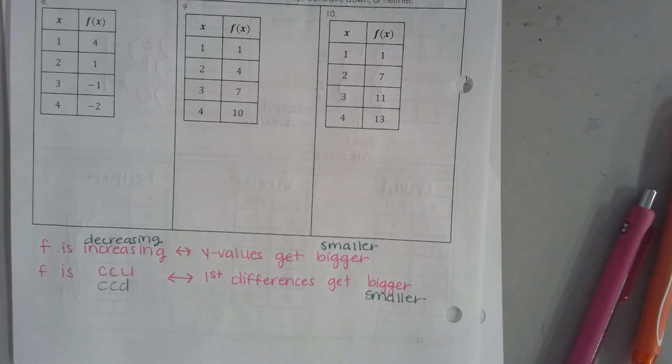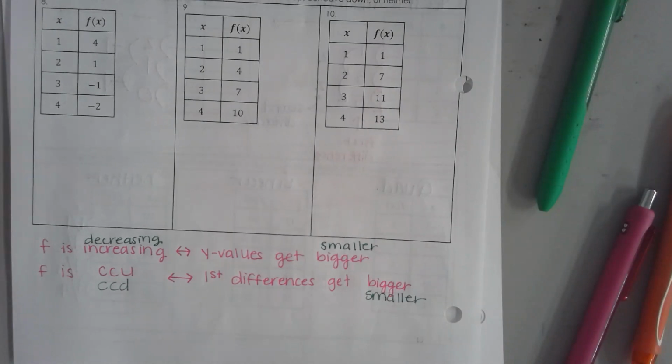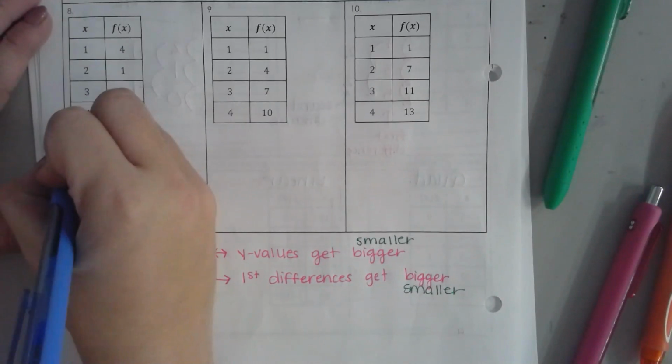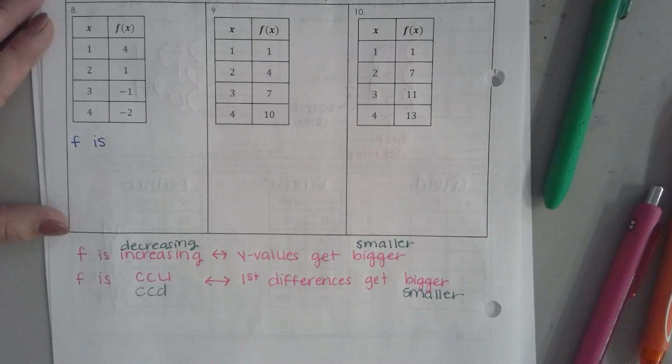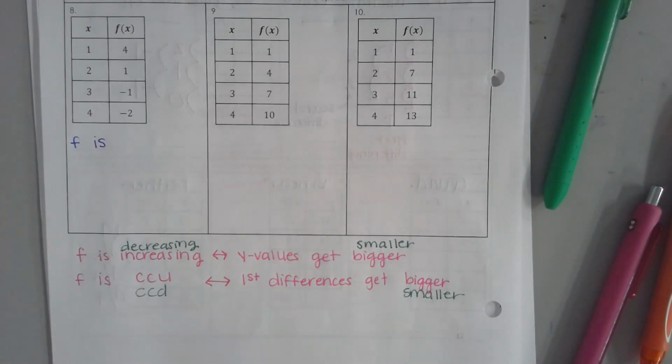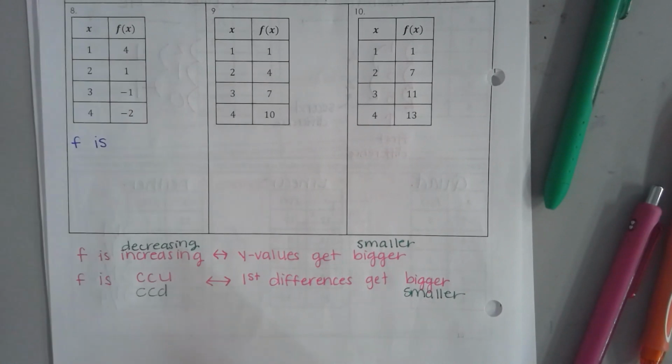First of all, let's look at number 8. When you say F is, or this is F of X, you're talking about the graph. So you could say the graph is, or you could say F is. Is F increasing or decreasing? It's decreasing.